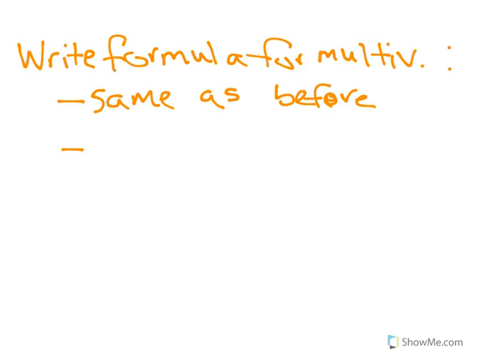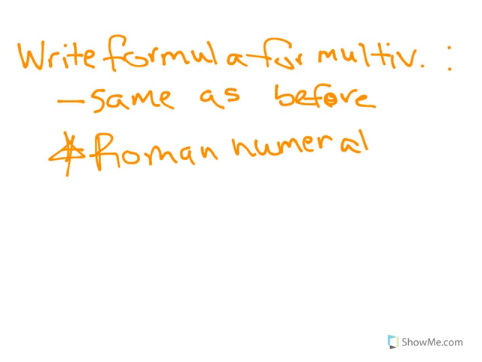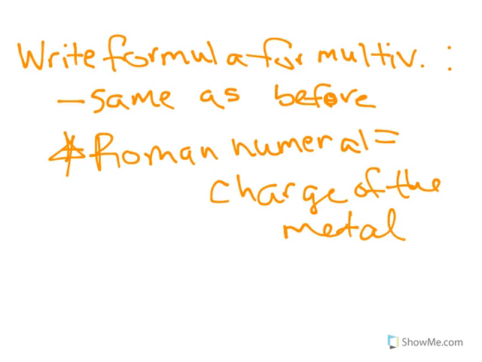But what you're crisscrossing, you just need to remember that the Roman numeral is the charge of the metal. Now, kids make a huge mistake here, and they think that the Roman numeral is telling you how many of that metal you have. It's not. Hashtag nope. Okay? That's not what it's there for. The Roman numeral is telling you the charge of the metal.